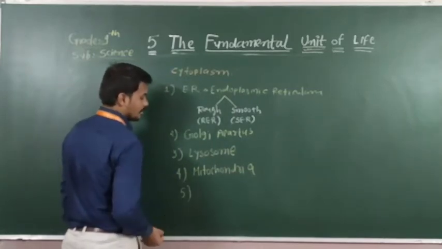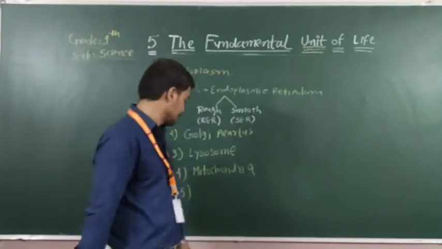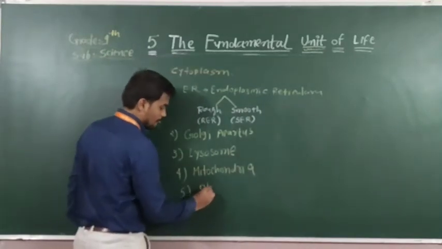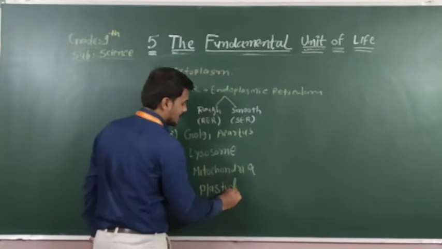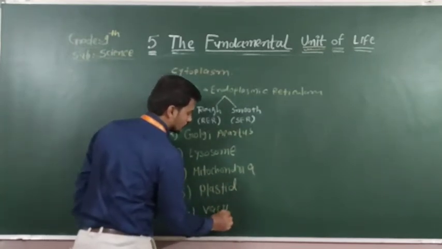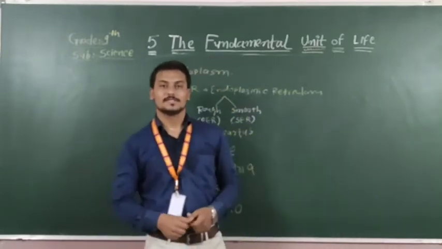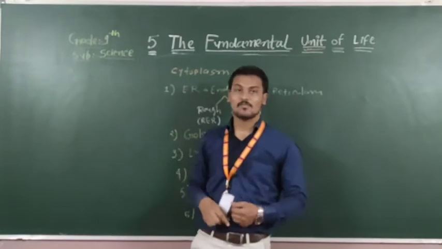Fifth is the plastid, and sixth is the vacuole. So here we will discuss these six different types one by one.